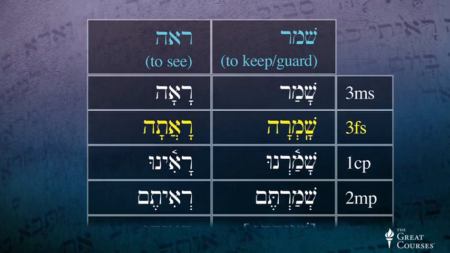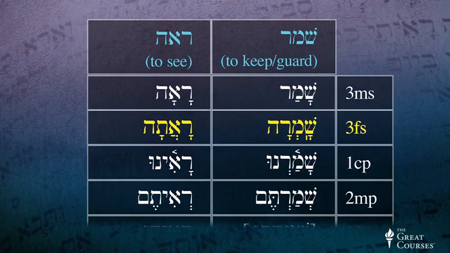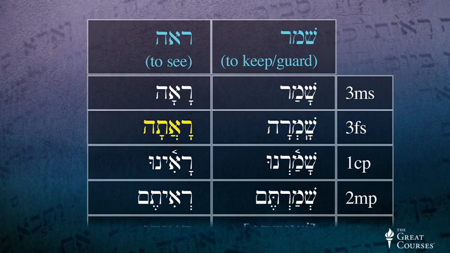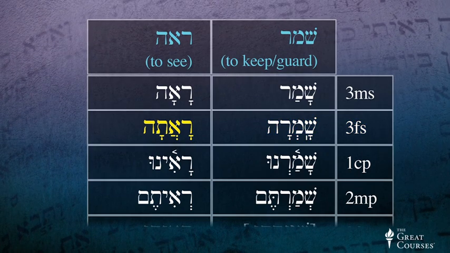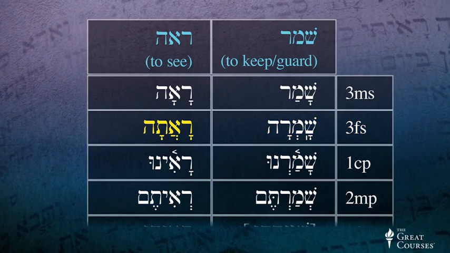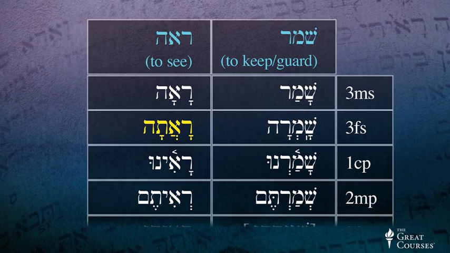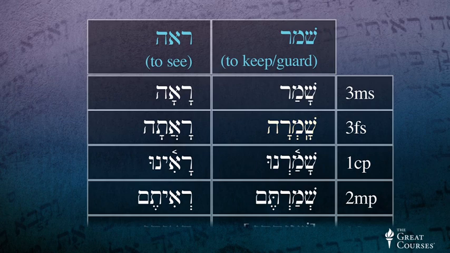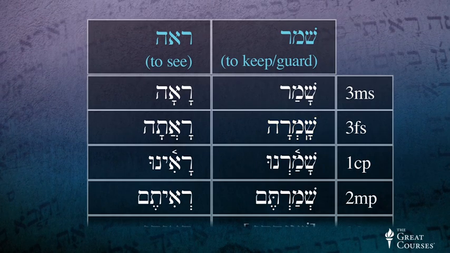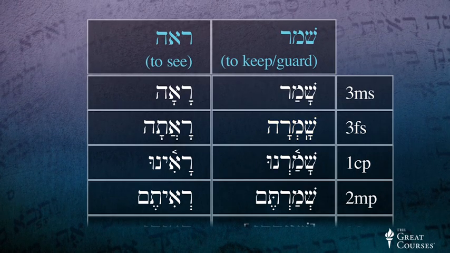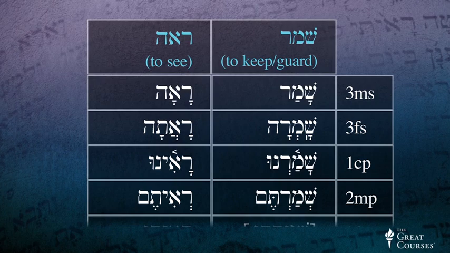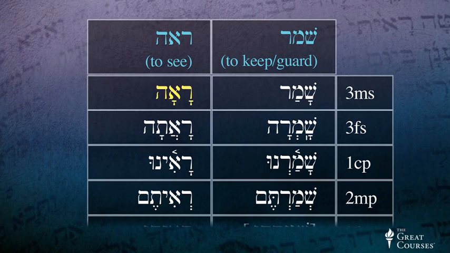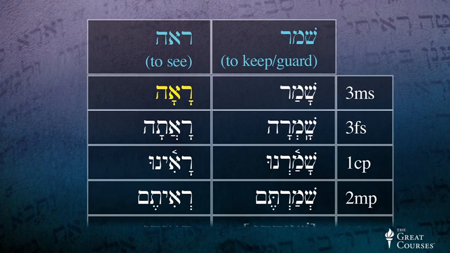Now, the third feminine singular ending. She saw. Normally, you add an a ending and contract the previous vowel, shamar, shamara. But with the Lamed He verb, if I drop the ah ending and then add an ah ending, I'm back to ra'ah, he saw.